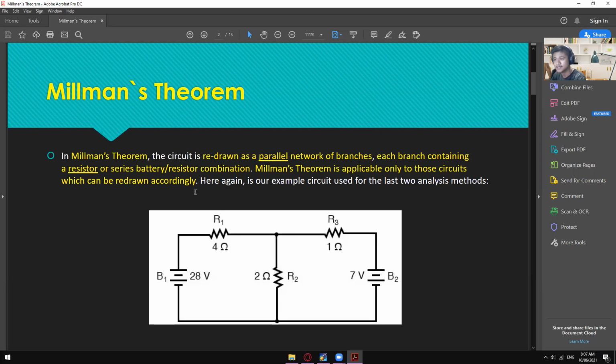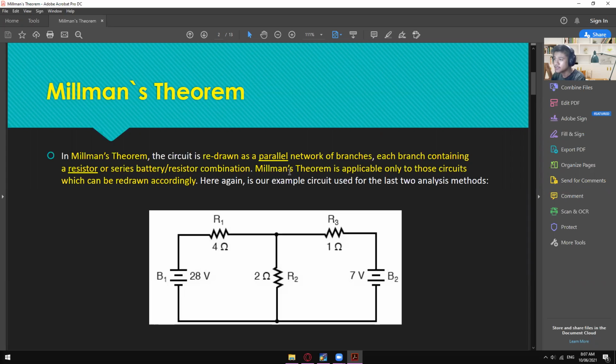It's the same with the other branch, but that branch should be parallel with the other branch. So if we have three branches, those three must have three voltage sources and three resistances.